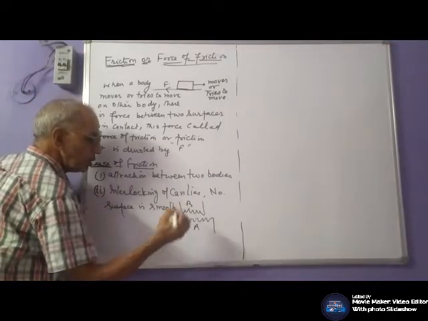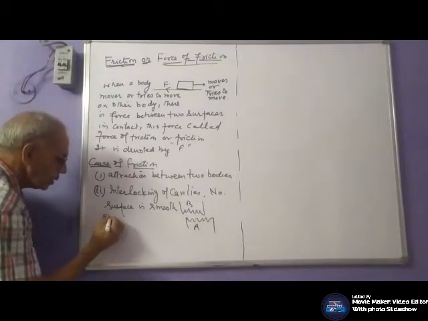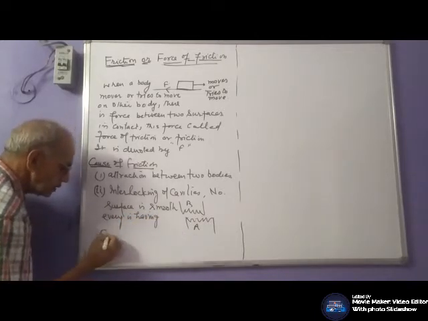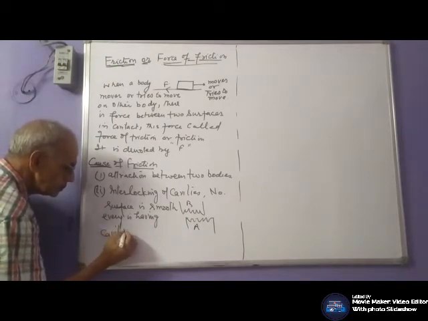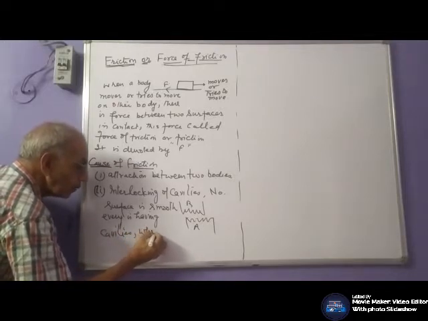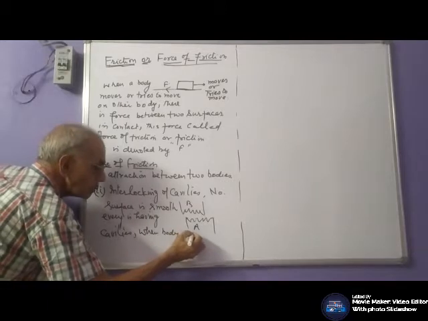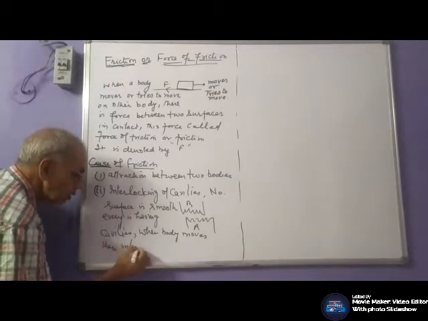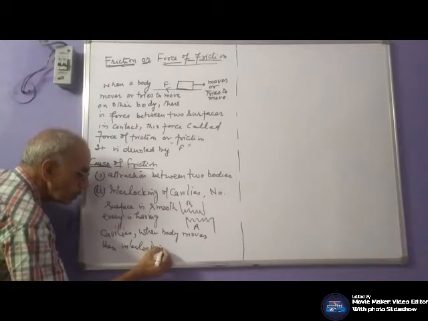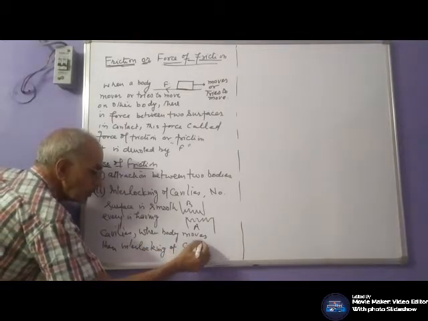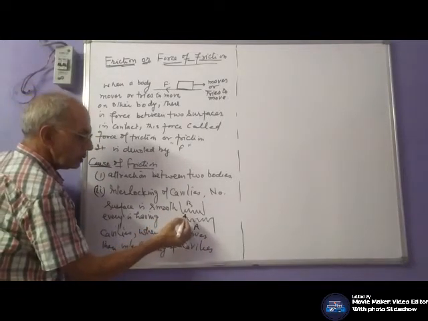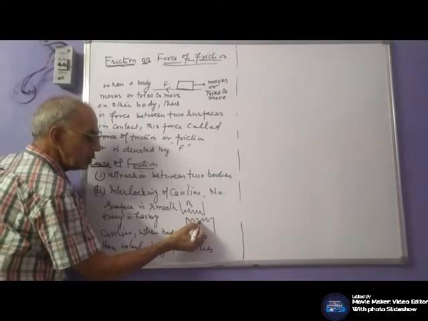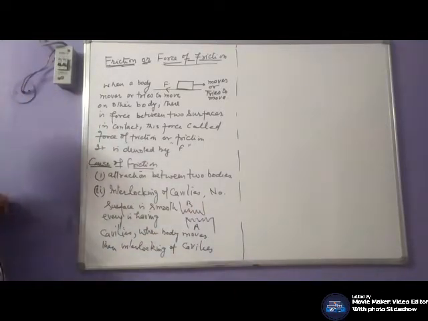This is body A, this is body B. No surface is smooth, every surface has cavities. When the body moves, then interlocking of cavities happens: this one is inserted in this one, in this one, and so on. So this is the cause.